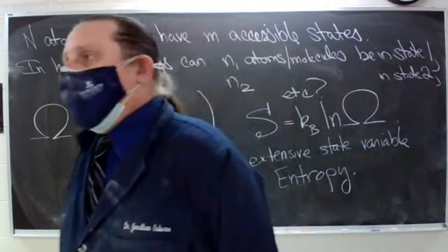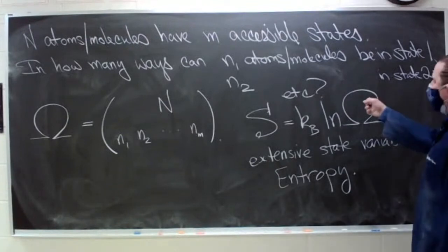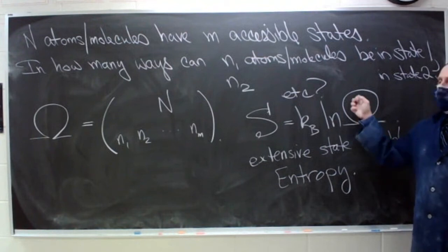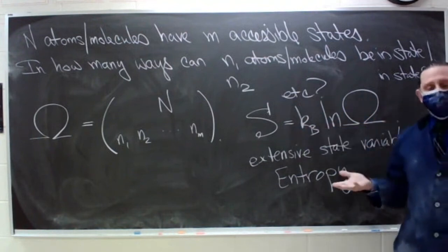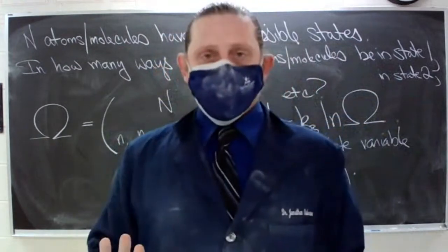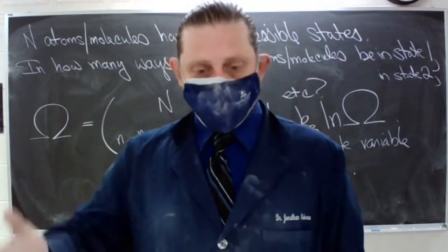As you've heard in other classes, the entropy is a measure of disorder. The more ways in which a state can be filled, the larger the entropy. The more likely it is that that state will be the state that you find the system in.